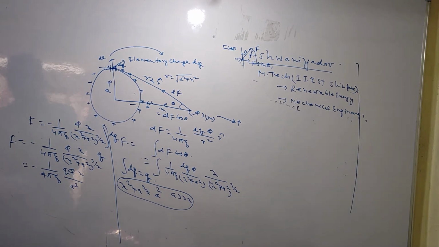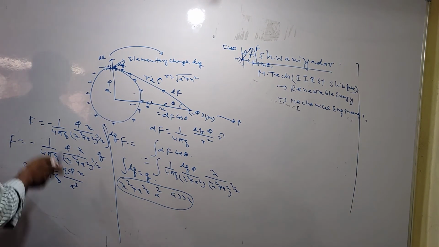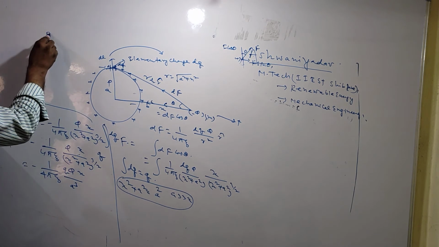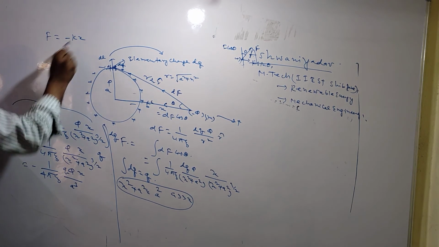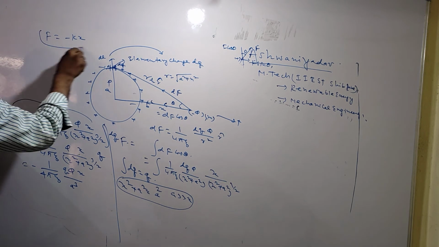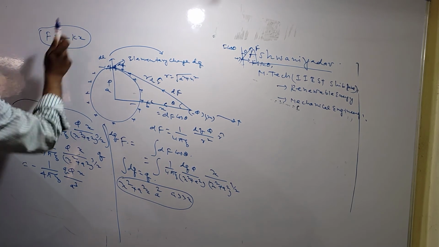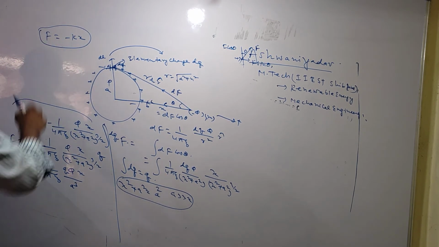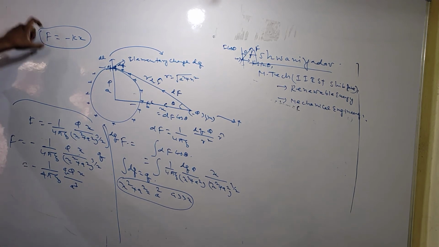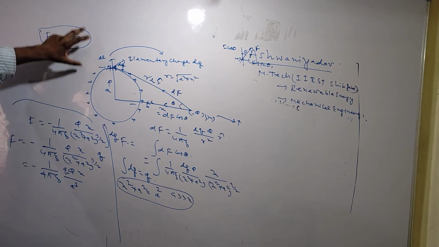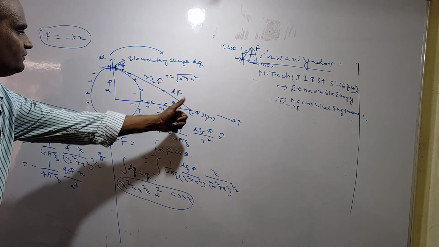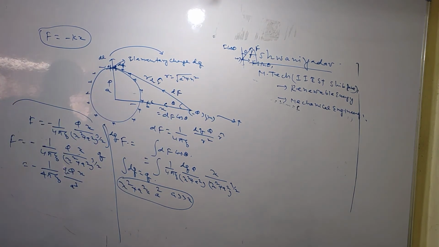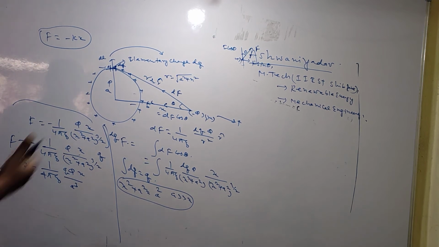Okay, so you compare: the force is equal to minus kx. When the force varies linearly with x and is negative with a constant, this force will produce oscillating motion of SHM character. So the nature of the motion will be SHM.